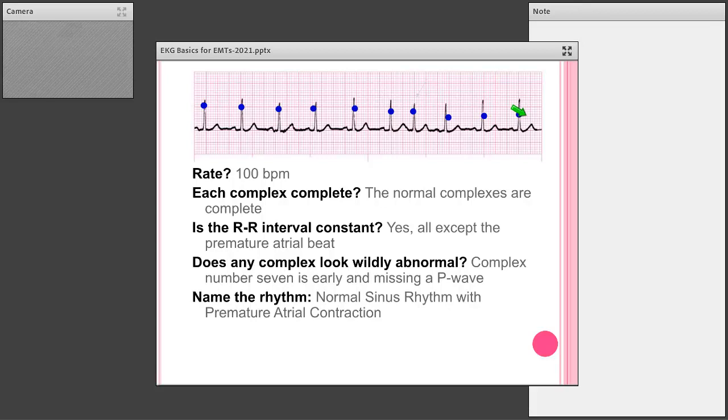And we don't really have a discernible P wave in this complex right here. So it's either buried inside the QRS or it's inside this T wave right here. So otherwise, it's a sinus rhythm with a PAC.